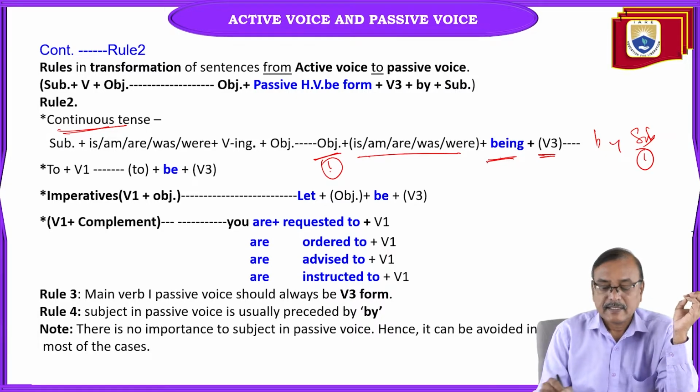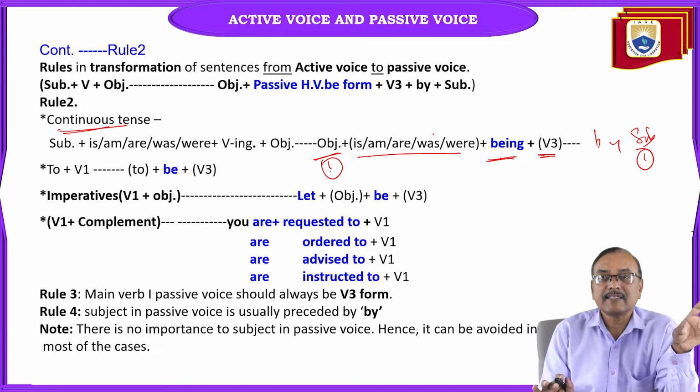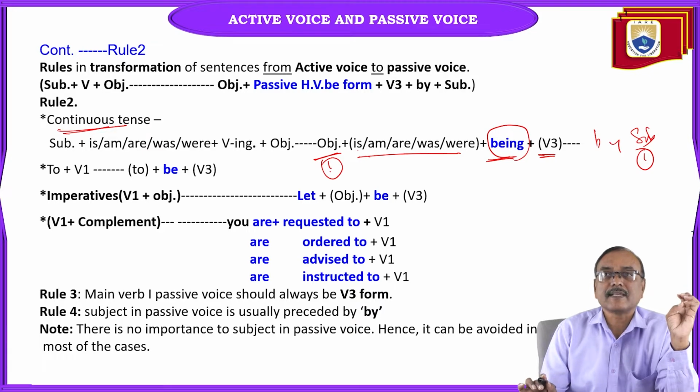In continuous tenses, the be forms are am, are, was, were, and these stay here as they are. But before the V3 form, you use an extra being. We will do some exercises, no problem.